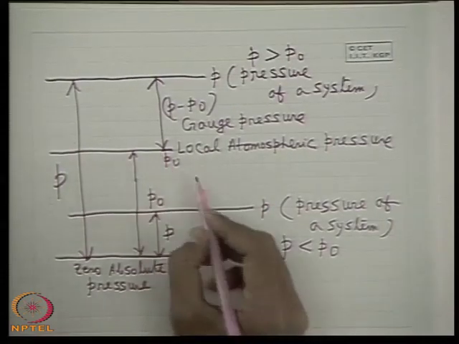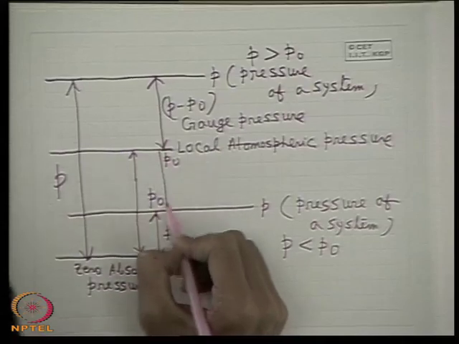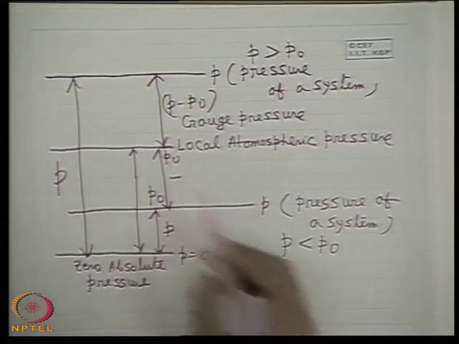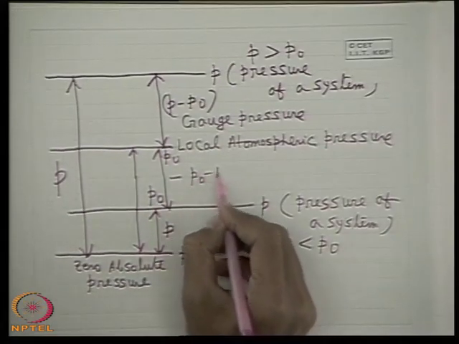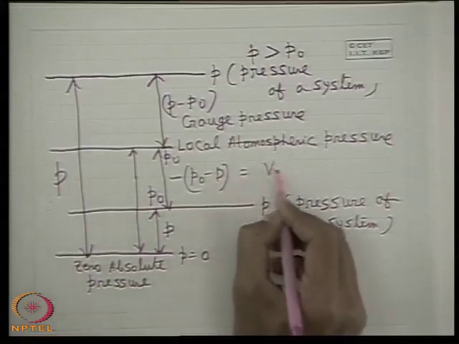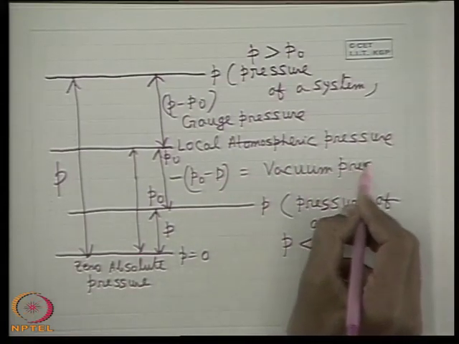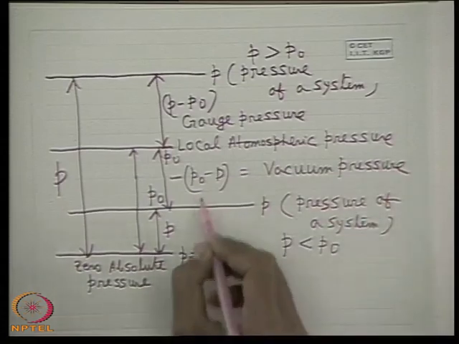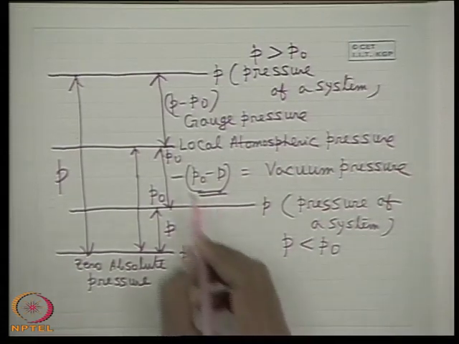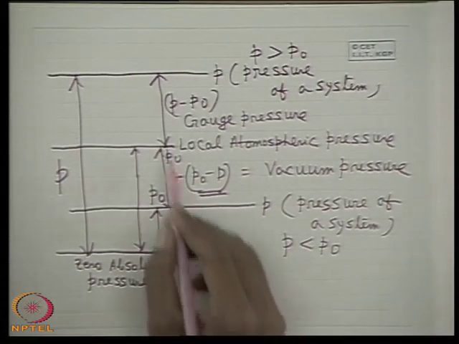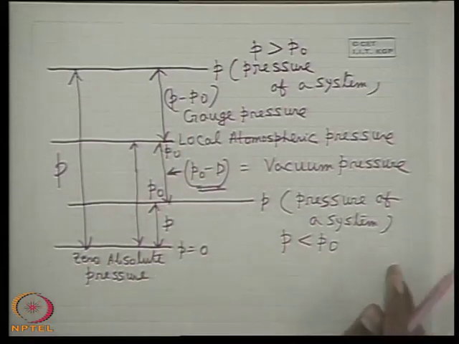Now this difference, that is P0 minus P, this is the vacuum pressure. The positive value is the vacuum pressure, or it is the negative gauge pressure, if you express it as P minus P0.